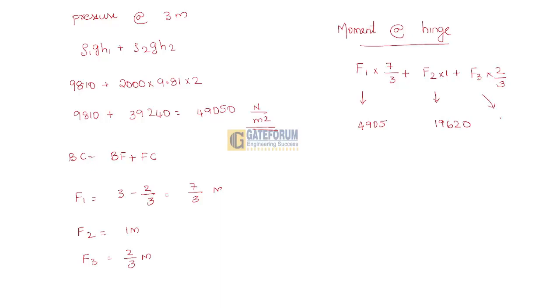F3, 39240. So substitute it, you should get a value of 57225 Newton meter, or 57.22 kilonewton meter per meter.